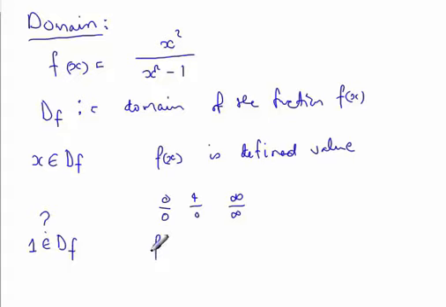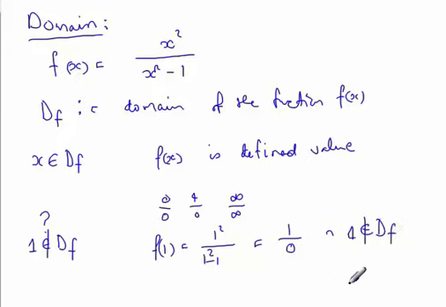You're going to take f at 1 equals 1 squared over 1 squared minus 1, which is going to give us 1 over 0, undefined. So 1 is not in the domain of f. Say this answer here. Say 1 is not in the domain of f of x. Am I making sense? Yes.